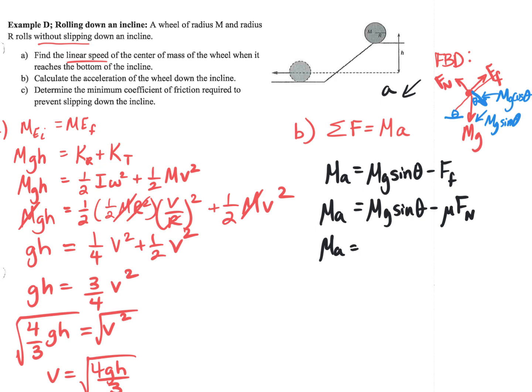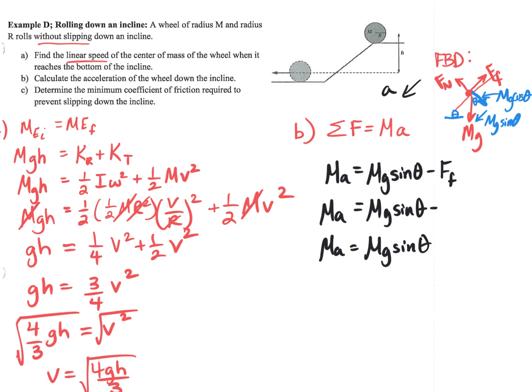So ma is equal to mg sine theta minus mu times what? Oh, hey, wait a minute though. We don't know what mu is, do we? So hang on. This is going to get us into trouble, isn't it?